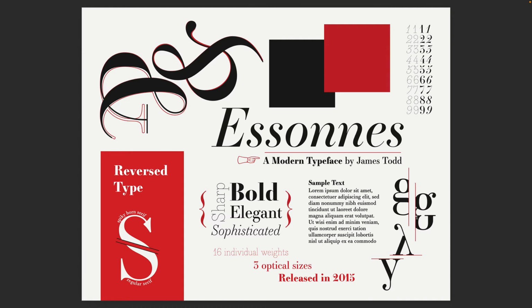See how the G and the Y down here are cut off? They're showing me alternates of those characters, and then all the numerals, the figures that are in the typeface, and then a block of text. It's also very useful. I want you to include a number of adjective descriptors for your typeface: bold, elegant, sophisticated.